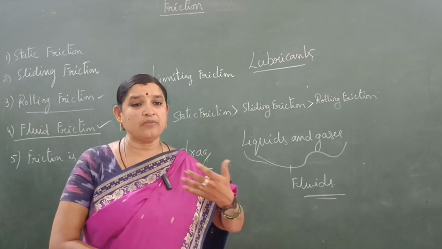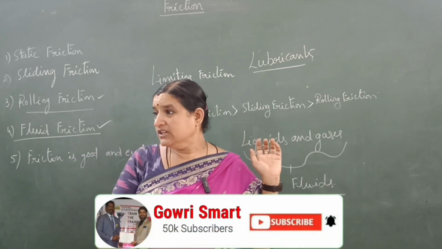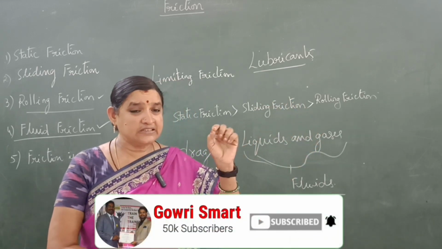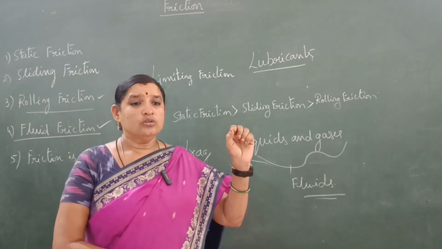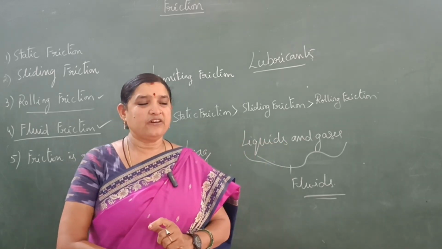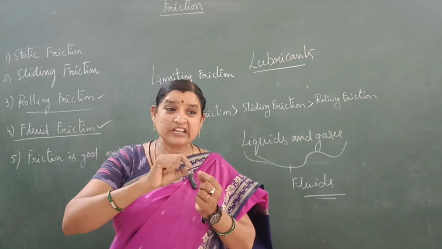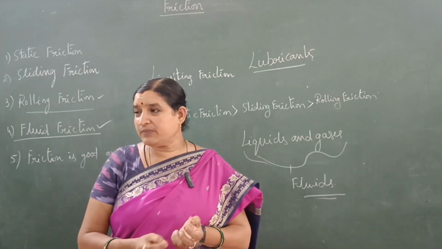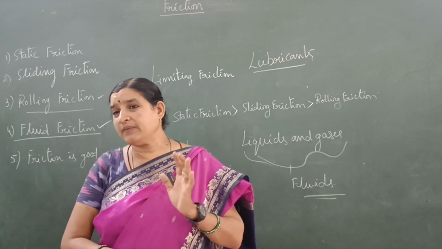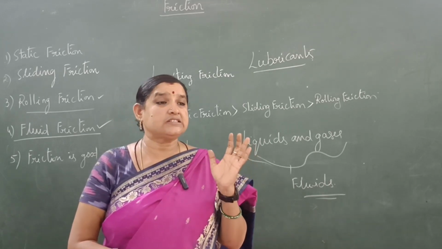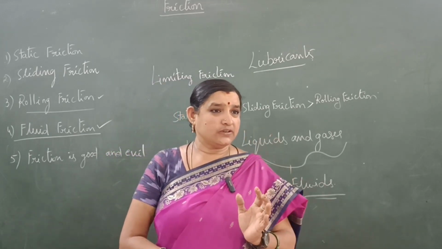For walking on the road or running, friction is necessary. Otherwise, we cannot stop. We would have to move forward continuously. So to stop us, it is necessary to increase the friction. For that, we use grooved shoes. Grooves means irregularities. If you observe the back side of the shoe, you can see some irregularities. That is called grooves.